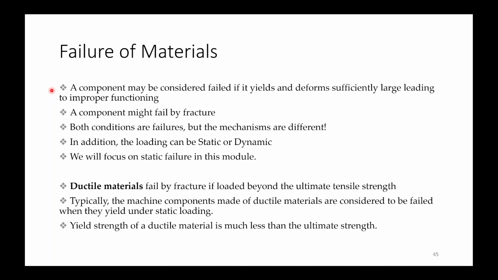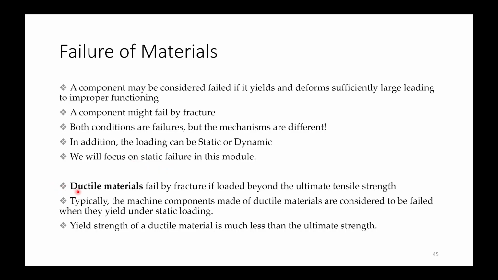A component may be considered failed if it yields and deforms sufficiently to lead to improper functioning. A component might also fail by fracture. Both conditions are failures, but the mechanics is different. In addition, the loading can be static or dynamic. Firstly, we'll be focusing on static failure.